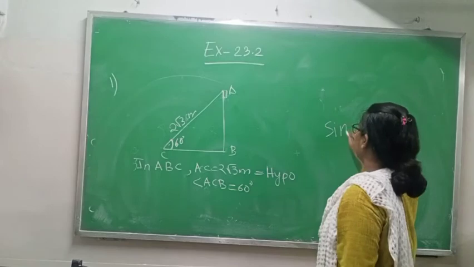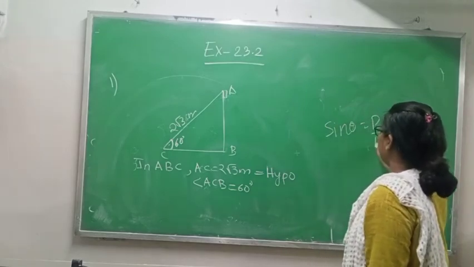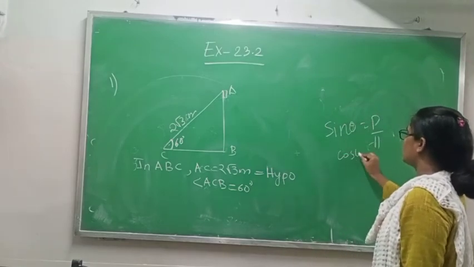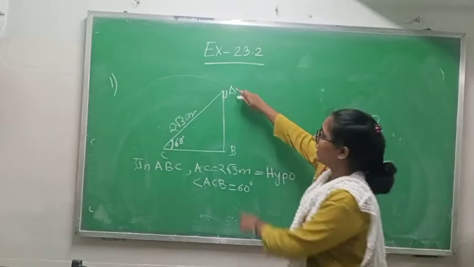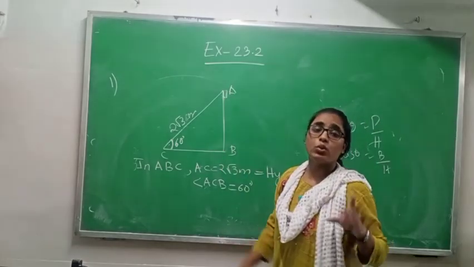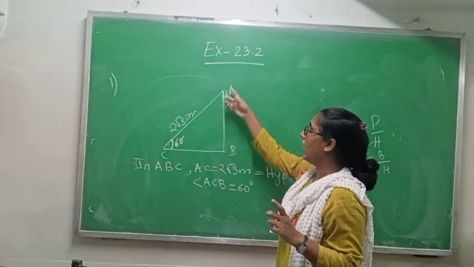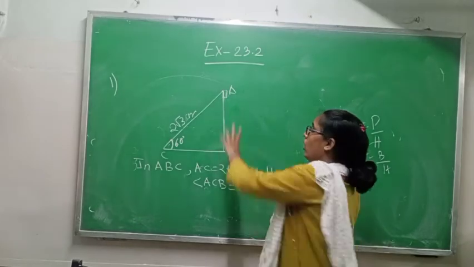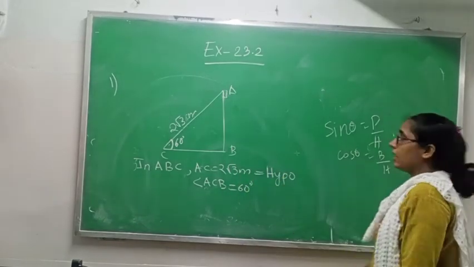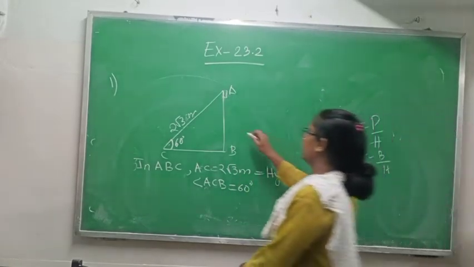You know that sine theta equals p by h, and cos theta equals b by h. But you have to find the perpendicular. They are asking to find the height of the window from the ground. When they are asking height, it means they are asking perpendicular.